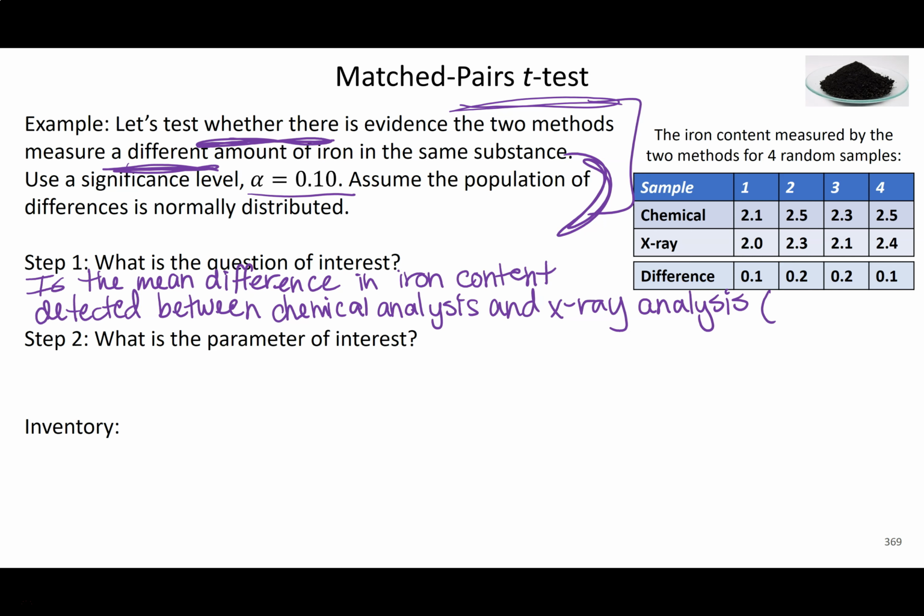And I am going to put the order I subtracted in, so chem minus X-ray. Is that different than 0? So is the mean difference in iron content detected between chem analysis and X-ray analysis, specifically chem minus X-ray, different than 0?